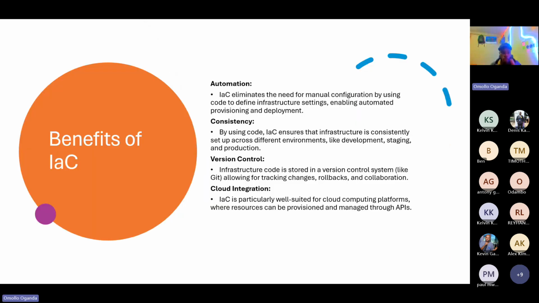Now, what are some of the benefits of IaC automation? IaC eliminates the need for manual configuration, using code to define infrastructure settings, enabling automated provisioning and deployment. Using code, you can automatically provision and even shut them down once you no longer need them.